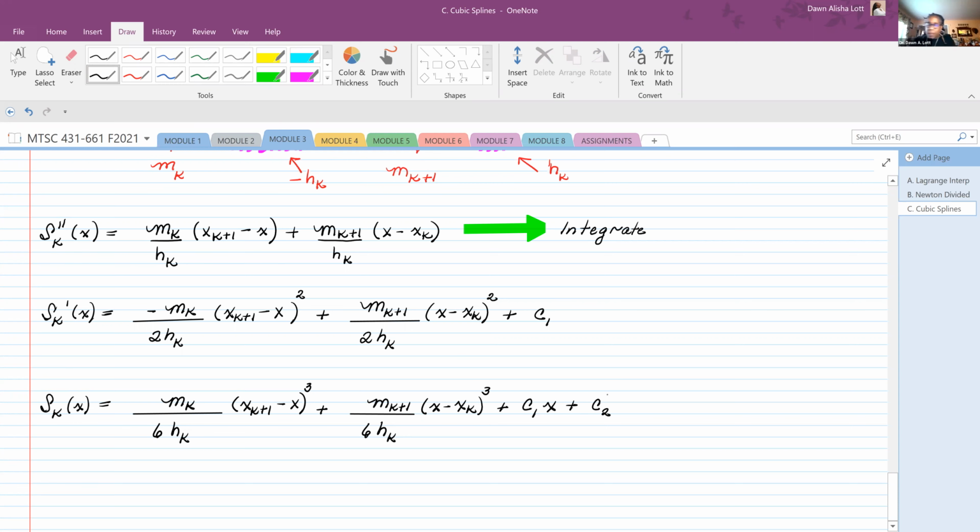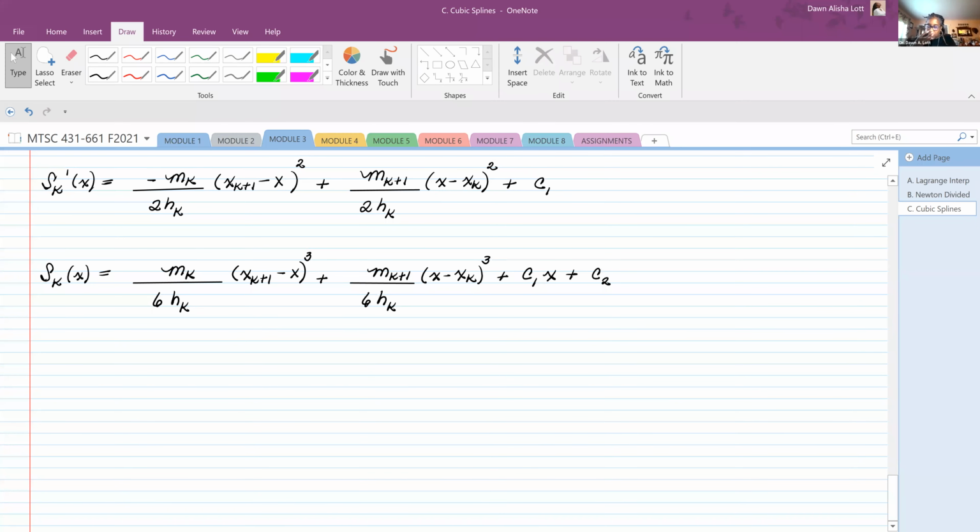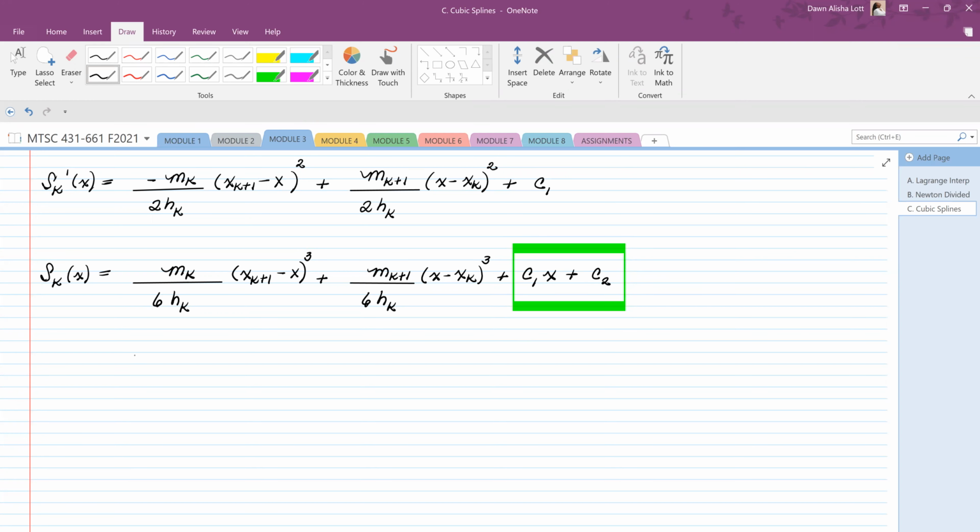All right. Now, I'm going to take this C1 x plus C2, which is just some linear function, and I can write it any way I want.